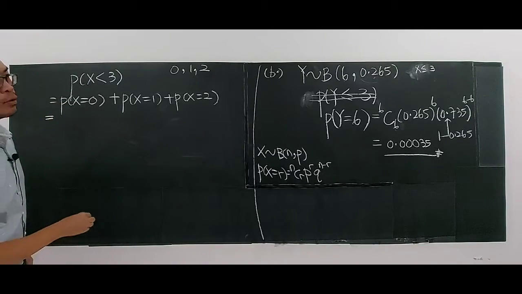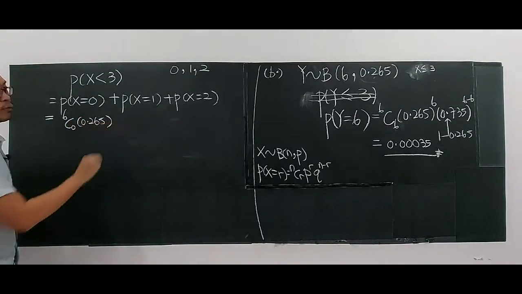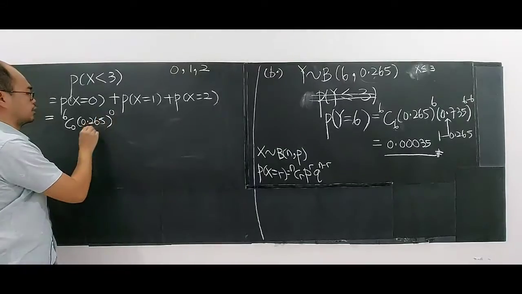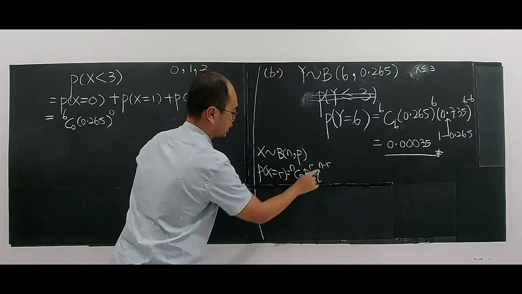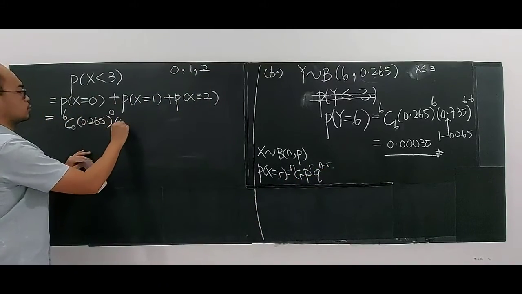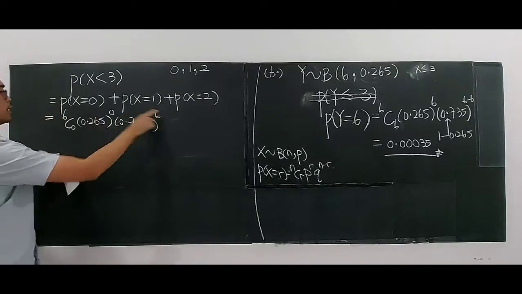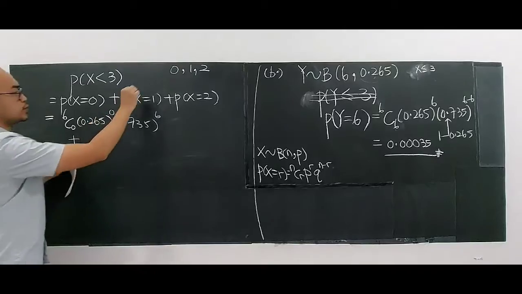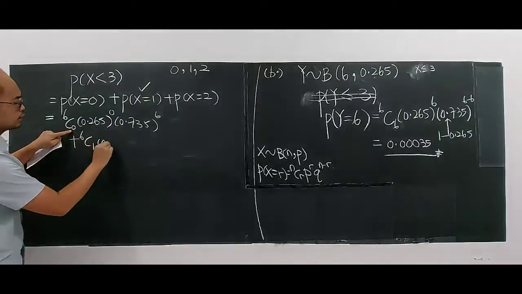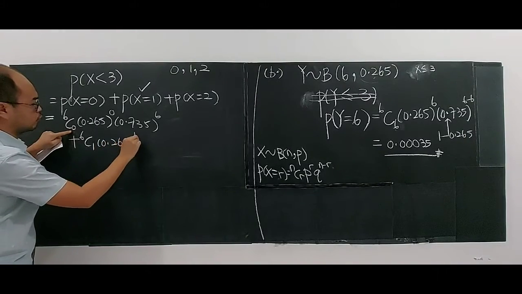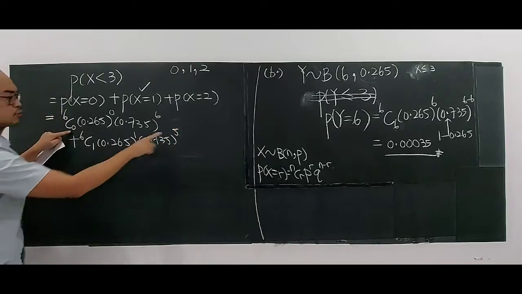So P(X = 0) equals 6C0, 0.265 to the power of 0, following the formula, times 0.735 to the power of n minus 0, so 6 minus 0, which is 6, plus the probability of X equals 1, 6C1, 0.265 to the power of 1. If this is power 1, this one will be power 5, because 6 minus 1 is 5.